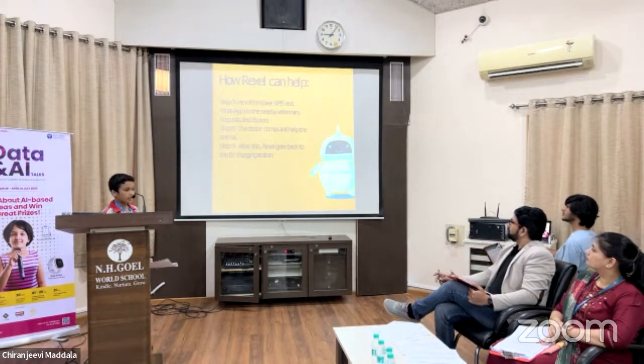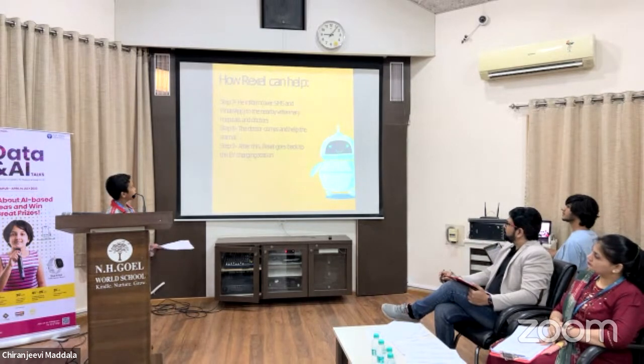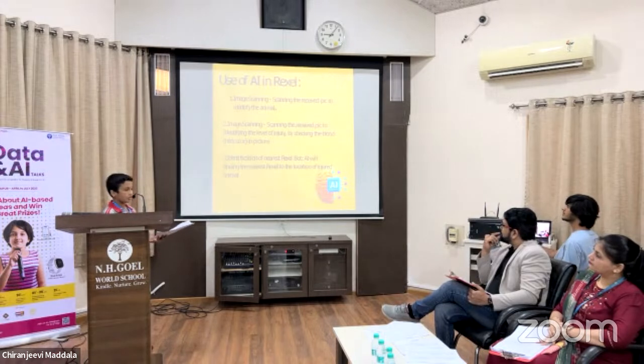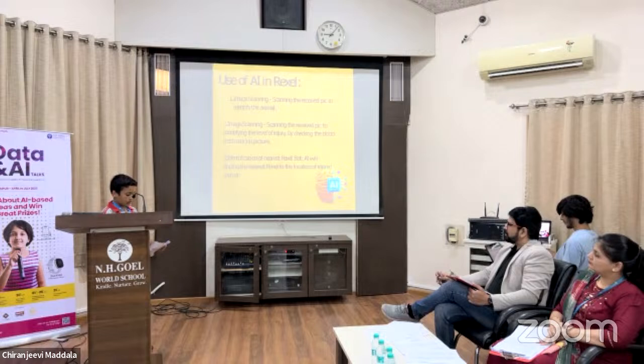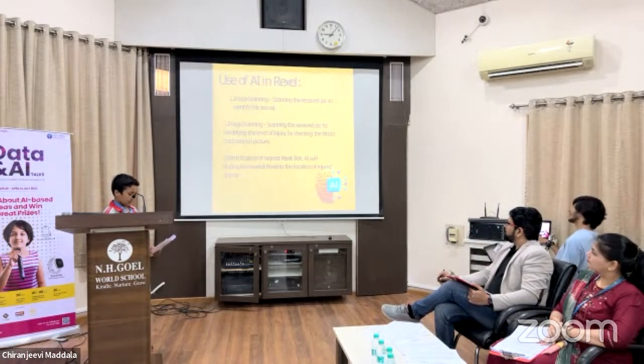So basically, AI helps in scanning the image, the level of injury, the animal, and where the nearest Rexel robot is located. It helps with medical identification for the animal, best food identification, best help to animals, and identifying the nearest doctors and hospitals.